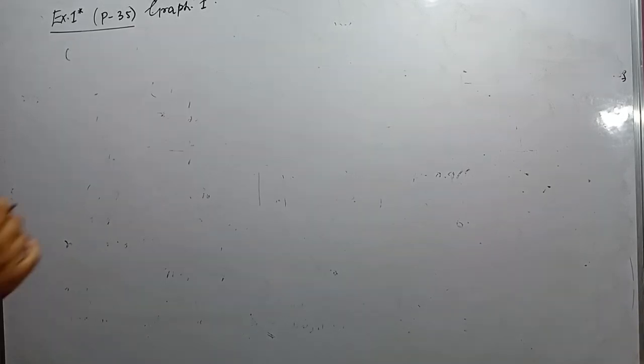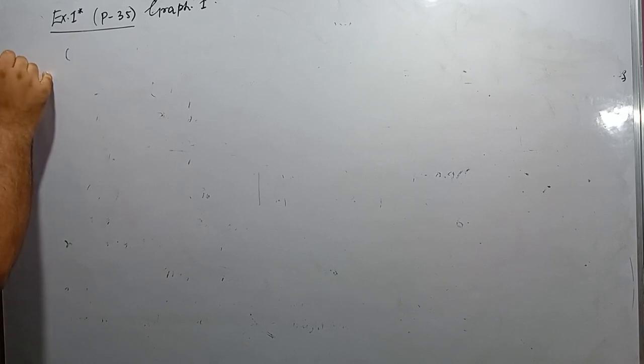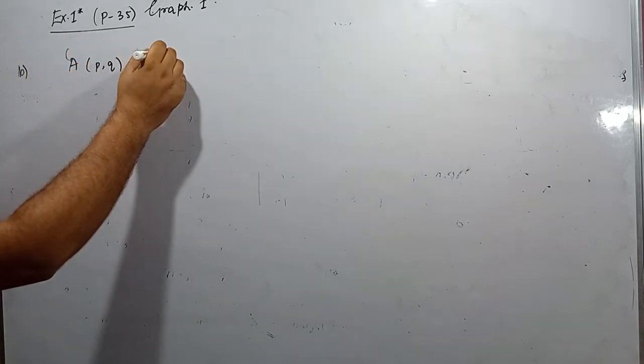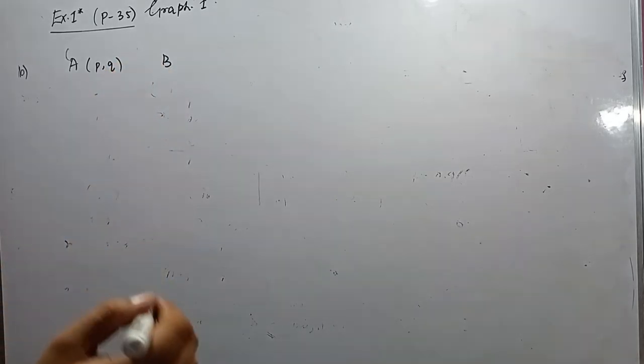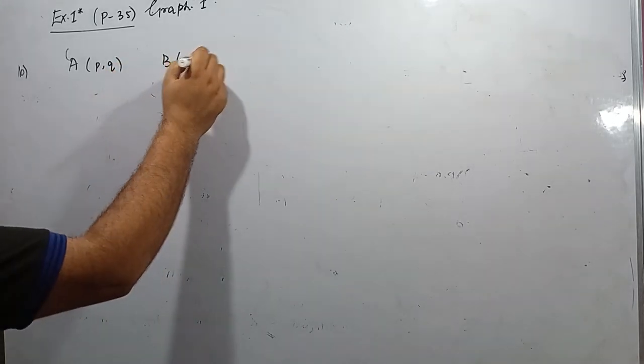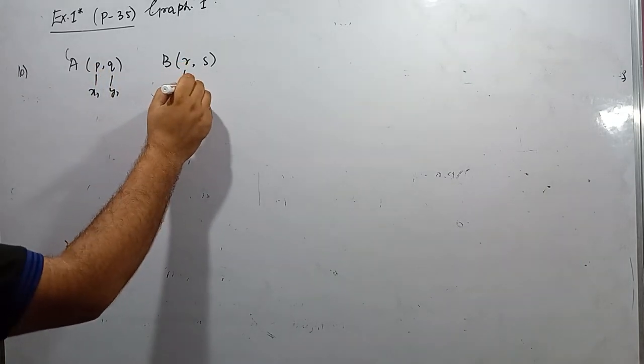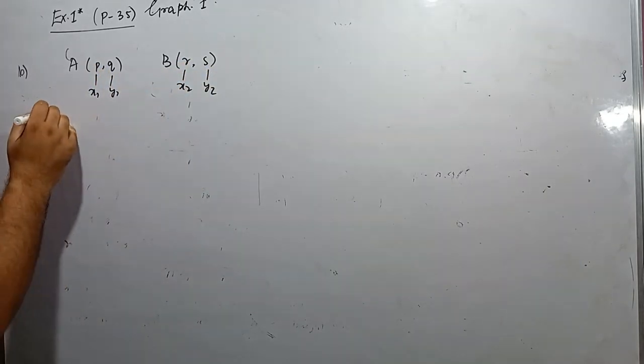Now see the question number 10. Find the algebraic expression for the gradient of the straight line joining A (P, Q) and B (R, S). It's very easy. This is x1, this is y1, this is x2, this is y2. What is the formula?